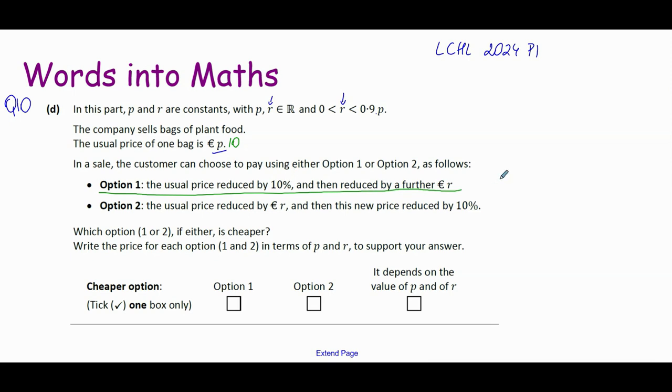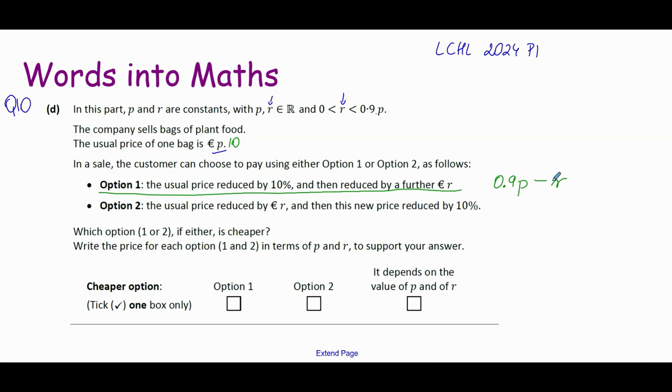So I am left with 0.9 of that price, 90% of that price. And then reduced by R euro. So 0.9P minus R, isn't it? Whatever that price was, that's 90% of the original price minus a specific number reduction.